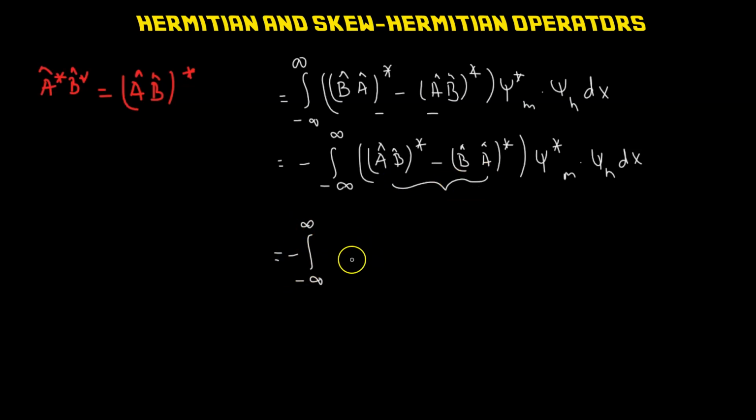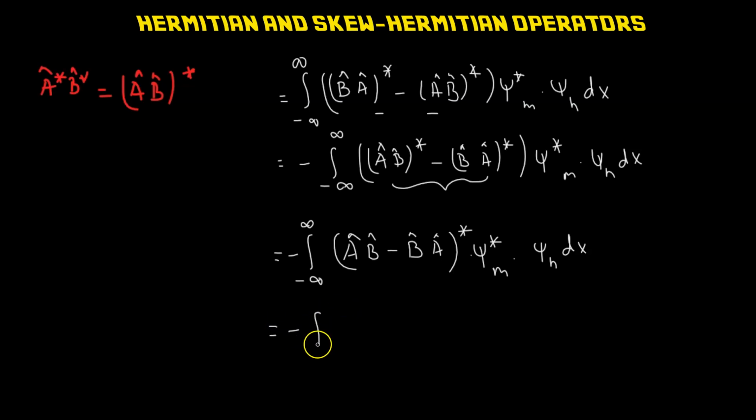This can also be written as AB minus BA, we take the conjugate of it and then operate on the eigenfunction psi star m times psi n dx. Or simply put, we have a negative sign here, so we have AB minus BA operating on the eigenfunction psi m, and we take the conjugate of it and multiply it by the eigenfunction psi n dx.